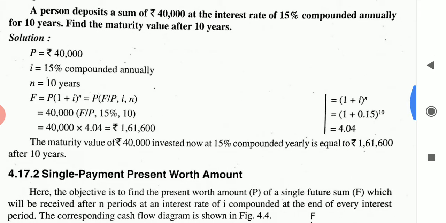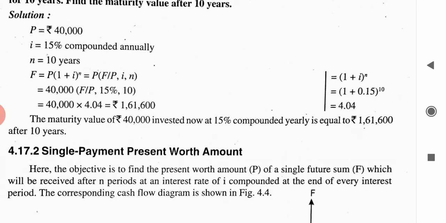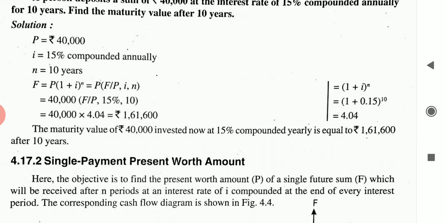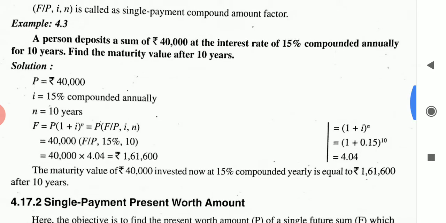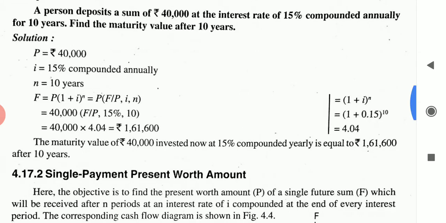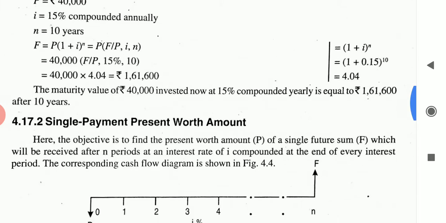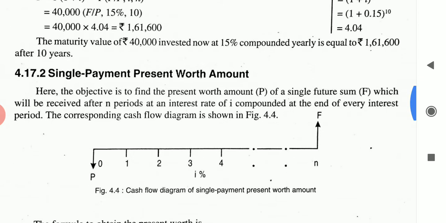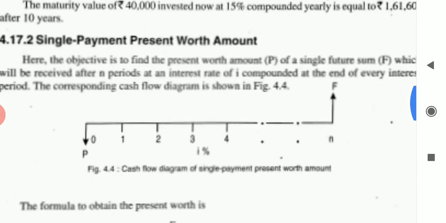By using this formula we get the future amount after 10 years. Starting with 40,000 invested now at 15%, after 10 years we will get an amount of 1,61,600 rupees.